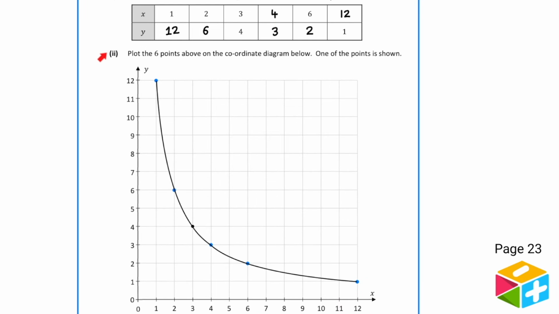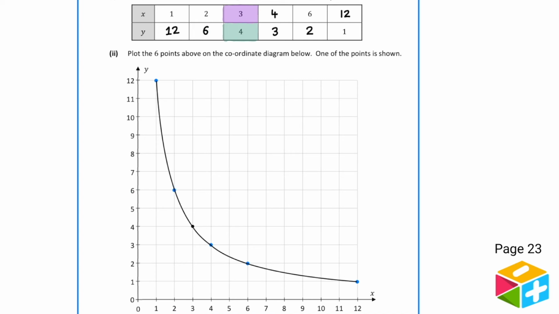In the next part of the question, we must plot these 6 points on a coordinate diagram. The first point has an x value of 1 and a y value of 12. So we go to 1 on the x-axis, 12 on the y-axis, and plot a point at their intersection. The next point has an x value of 2 and a y value of 6.